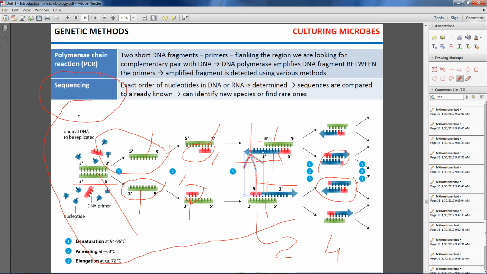Now, modern methods will let you determine all DNA molecules, sequences of everything that you have in the sample. So if we take a sample from, say, my intestine and subject it to sequencing, you're going to find all 1500 species of bacteria, and you will be able to identify them. We have a vast database of sequences that we know already. Does that make sense? It's absolutely awesome.